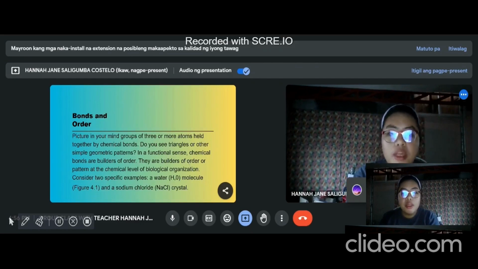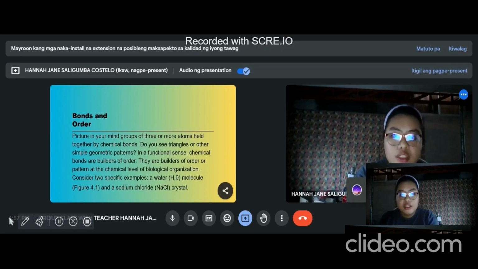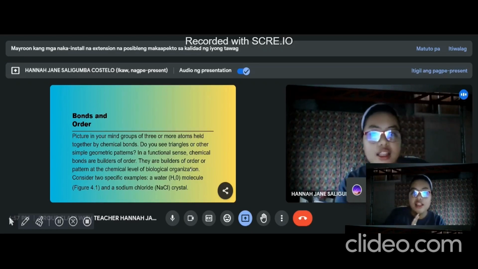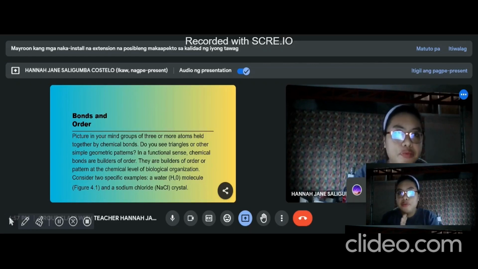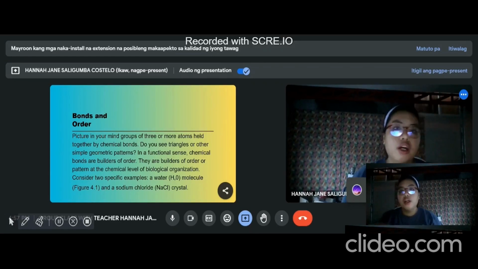Bonds in order. Picture in your mind groups of 3 or more atoms held together by chemical bonds. So the chemical bonds are, for example, water and sodium chloride. So 2 atoms of hydrogen and 1 atom of oxygen equals water.